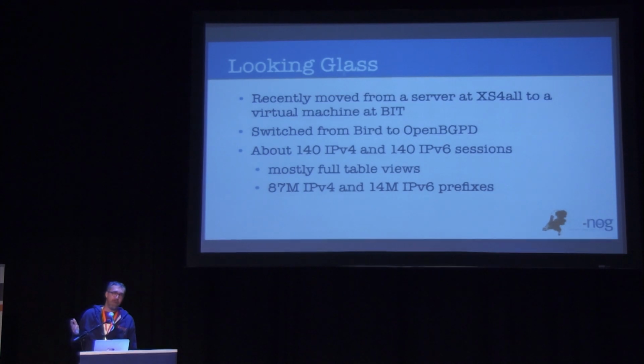The looking glass is now collecting data from about 140 IPv4 and IPv6 peers. Most of them send a full table, which means that we're even over the 87 million IPv4 routes now. We're getting close to 90. I hope to reach the 100 somewhere soon. And 40 million IPv6 prefixes, sorry.